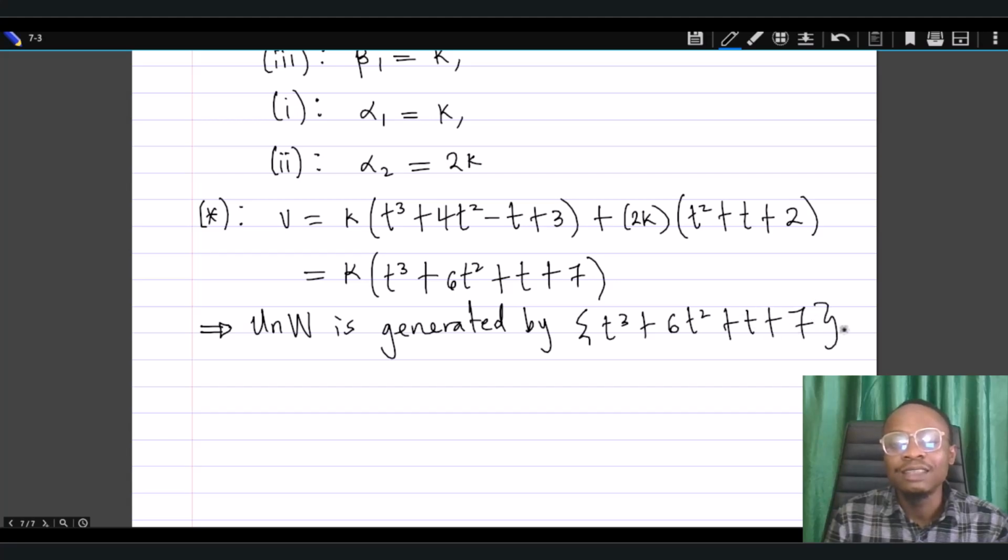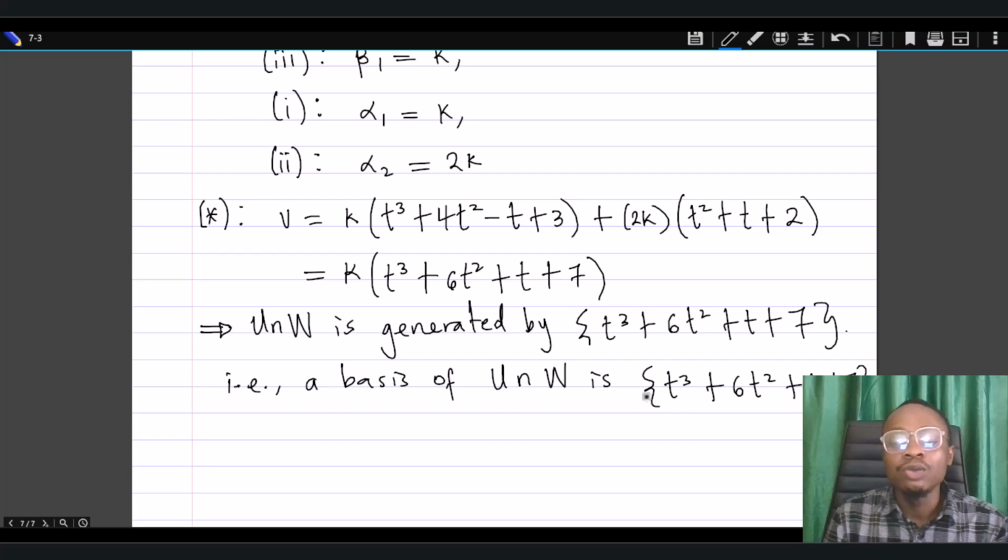So that is to say, a basis of U intersection W is that singular vector, the set that contains that singular vector, which is t cubed plus 6t squared plus t plus 7.